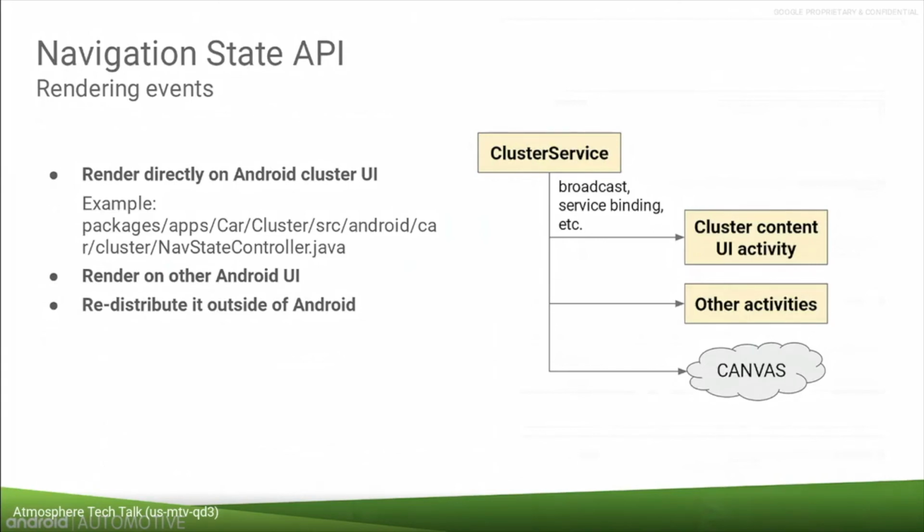You can just send it on a broadcast and use a broadcast receiver to pass this information around. You can also re-encode it and send it to a different unit outside of Android. So for instance, if you want to show this on a rear mirror, or on a heads-up display, you can do so by taking the pieces of this information that you want, re-encode it, and pass it through the network.